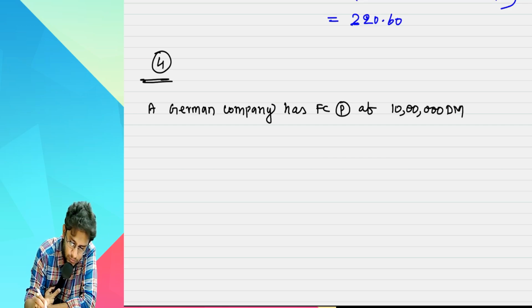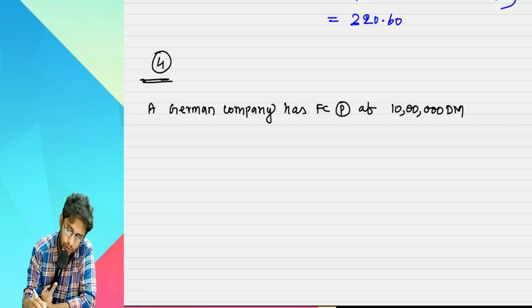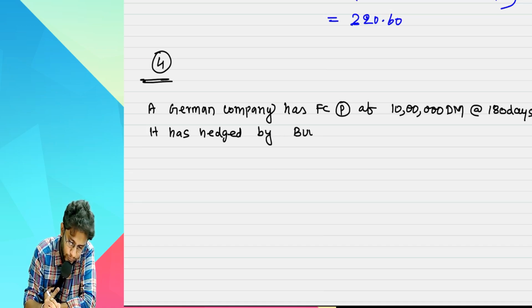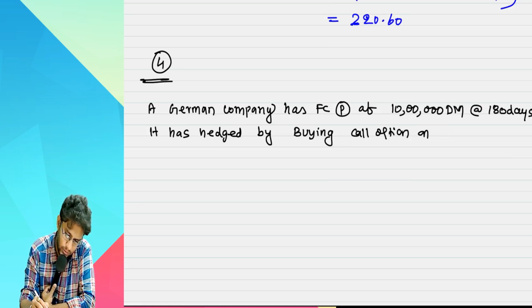What is the maturity period? 180 days. It has hedged by buying a call option on, I'm sorry, somewhere I made a mistake. $10 lakh.